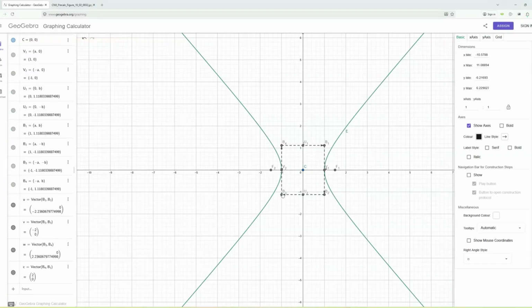Now, notice that the line that goes through the two vertices B1 and B3 will go through the center and the point B1. And so the slope of that line is b divided by a. And so one of the asymptotes is the line y equals b divided by a times x.